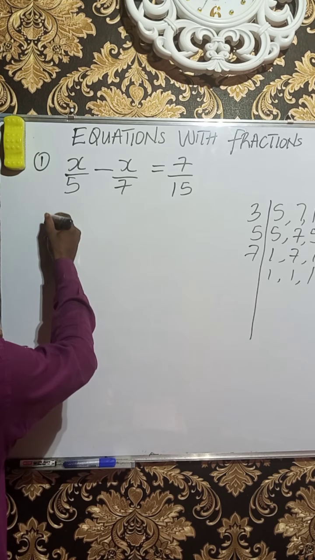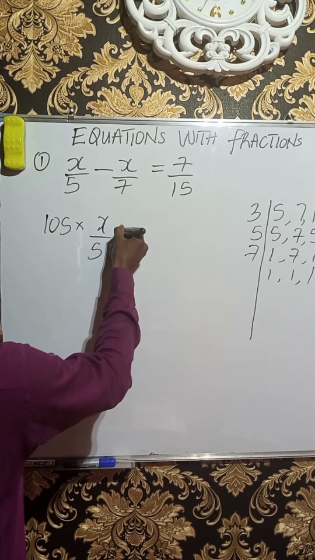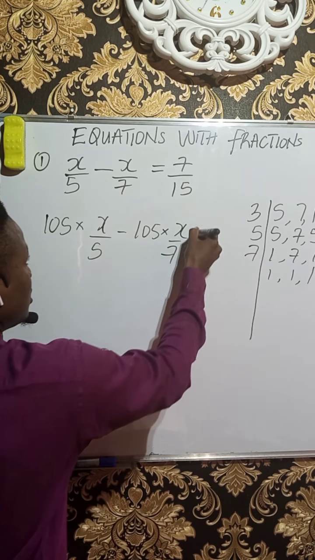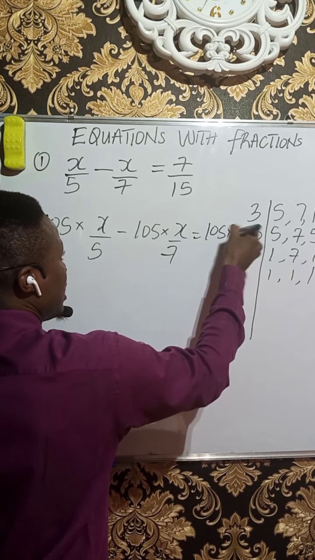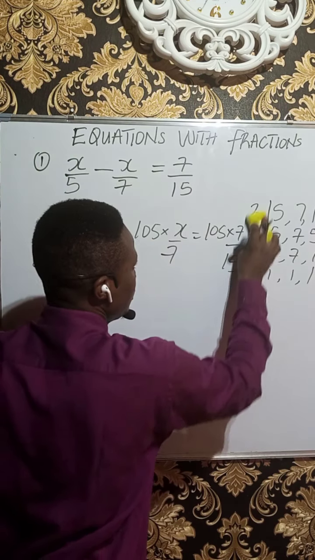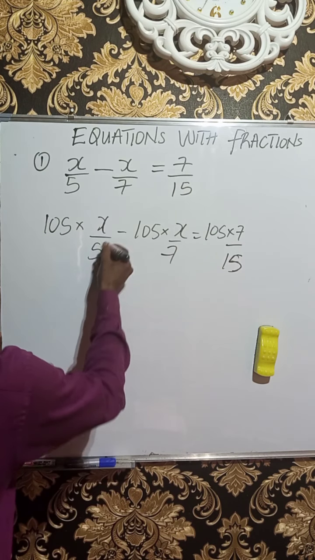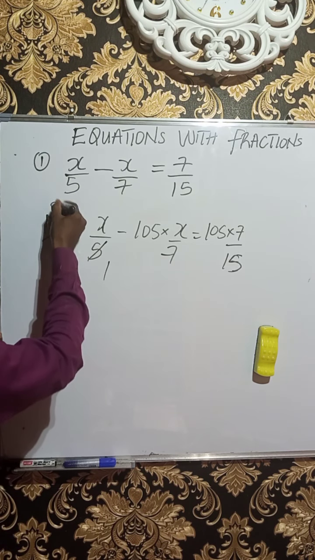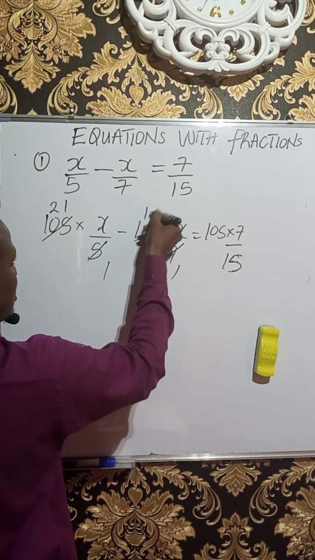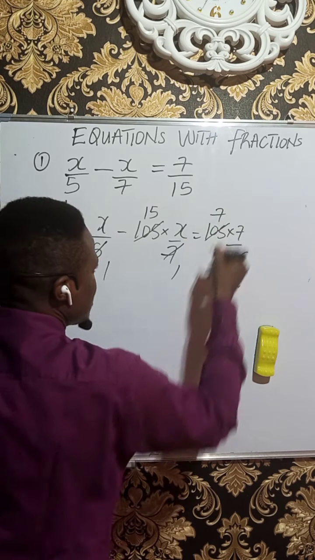So this will now be 105 times x over 5 minus 105 times x over 7 equals 105 times 7 all over 15. Okay, so this is 7 over 15. Now 5 here is 1, 5 here is 21, 7 here is 1, 7 here is 15, 15 here is 1, 15 here is 7.